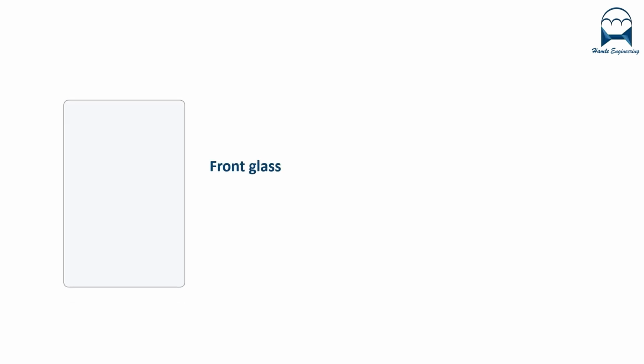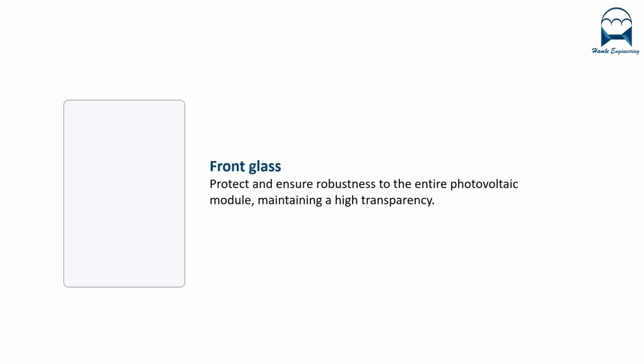Front glass. The front glass is the heaviest part of the photovoltaic module, and it has the function of protecting and ensuring robustness to the entire photovoltaic module, maintaining a high transparency. The thickness of this layer is usually 3.2 millimeters, but it can range from 2 millimeters to 4 millimeters depending on the type of glass chosen.